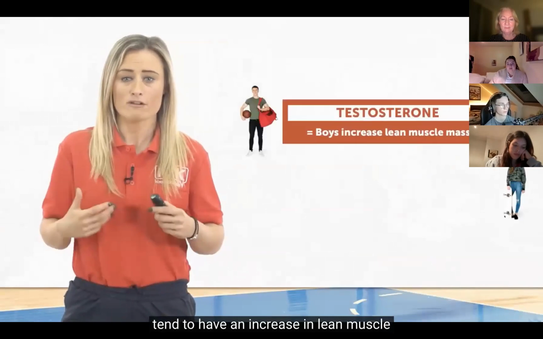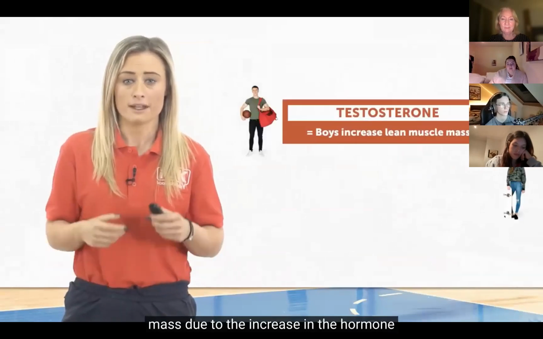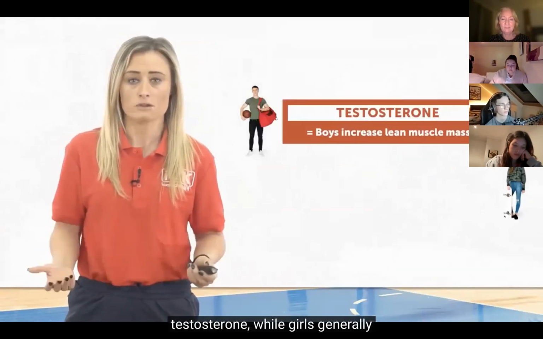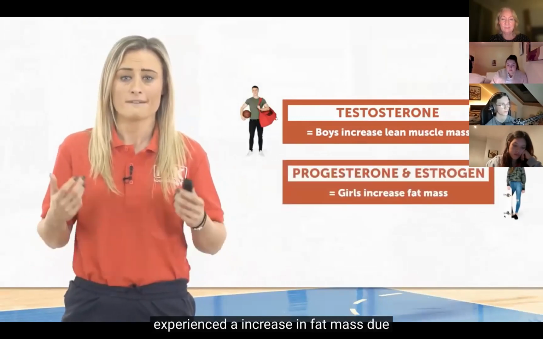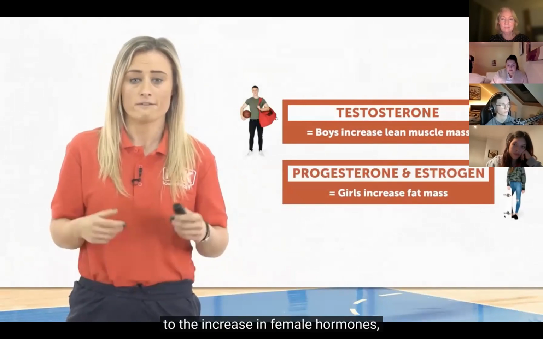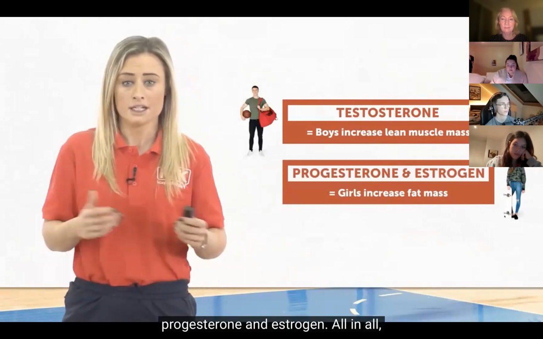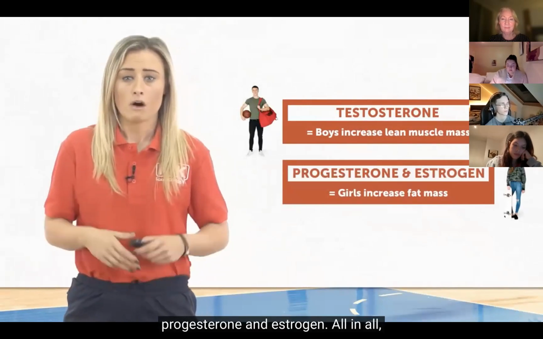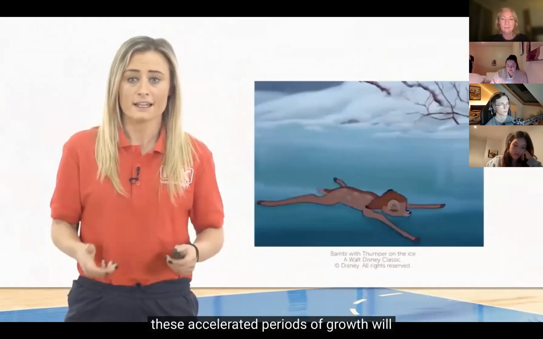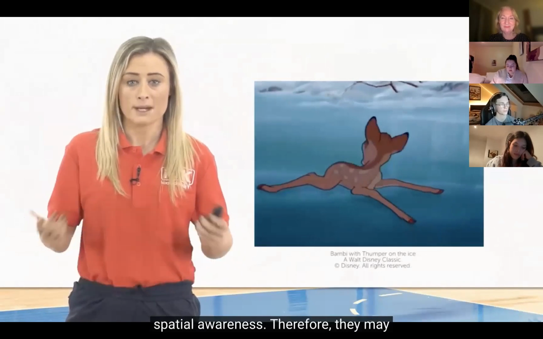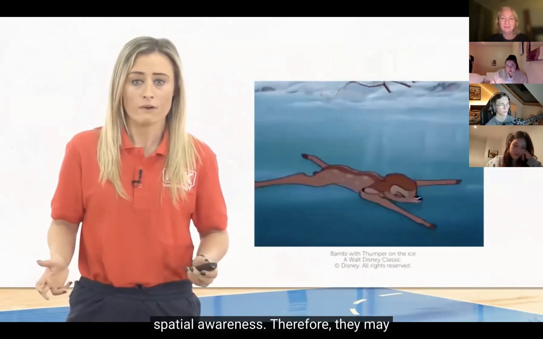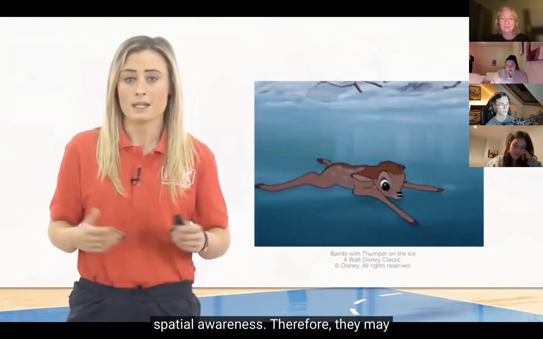Boys tend to have an increase in lean muscle mass due to the increase in the hormone testosterone, while girls generally experience an increase in fat mass due to the increase in female hormones, progesterone and estrogen. All in all, these accelerated periods of growth will impact upon children's coordination and spatial awareness. Therefore, they may appear clumsy and awkward in their movement.